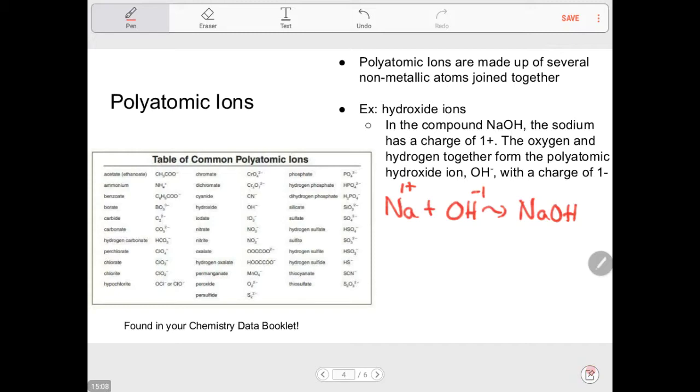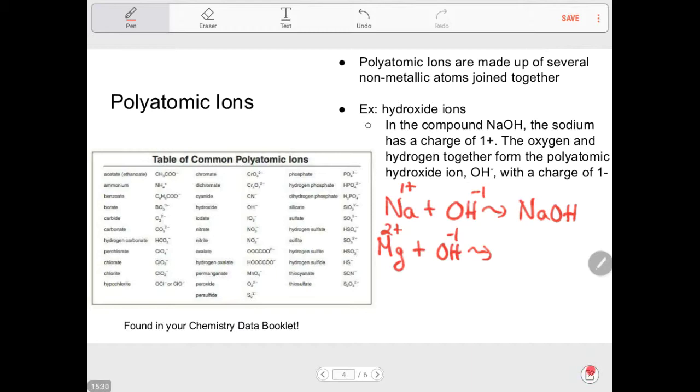What about, though, what if I did this to you? What if I took Mg and I add that to OH? Well, you see, Mg is 2 plus, and OH is -1 or 1 minus. I always write that the wrong way. So in your mind, what do you have to do with the OH? How many do you have to have?